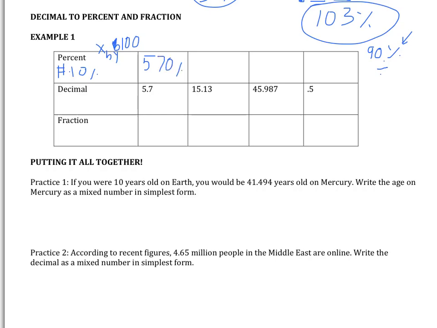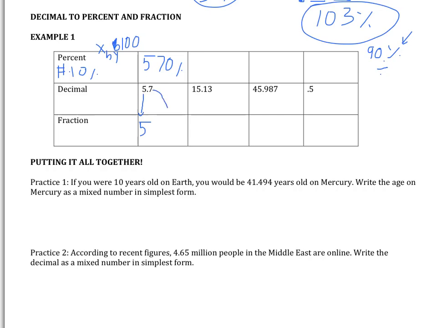Now, the fraction. This is where a lot of you guys are still making mistakes. Picture, like, if you have like 5.7 pizzas, how many whole pizzas do you have? You still have the 5 whole pizzas. So our whole number is still 5.